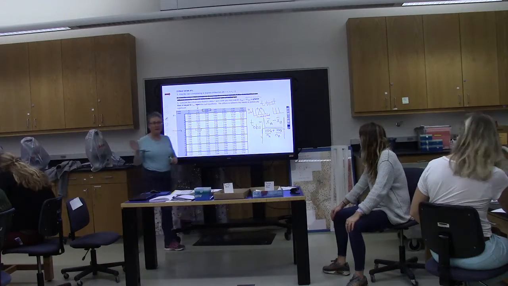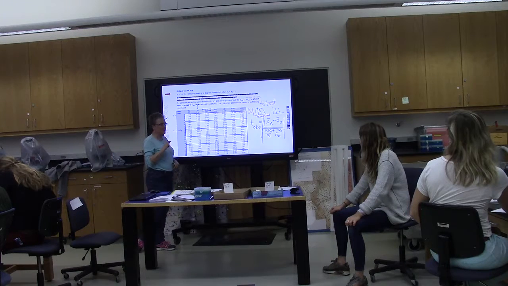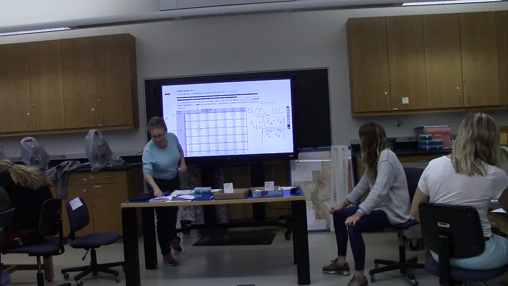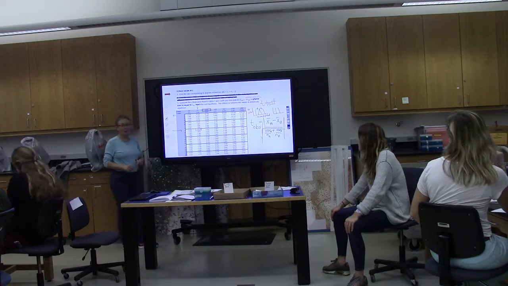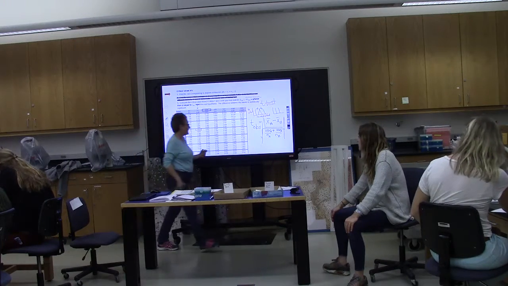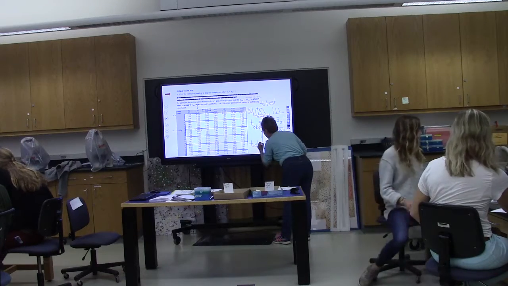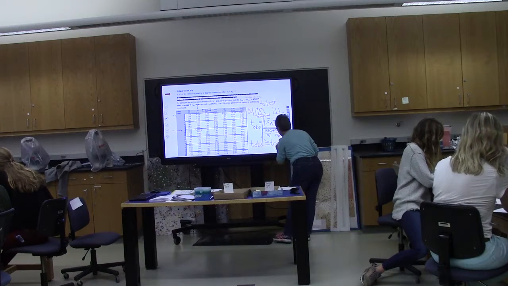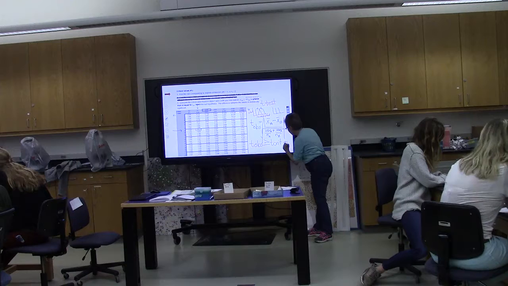My t observed is 8.89565. It's bigger than that number. I'm going to reject the null hypothesis. So if t observed is greater than or equal to t crit, we call the t value out of the table the t critical, we reject the null.